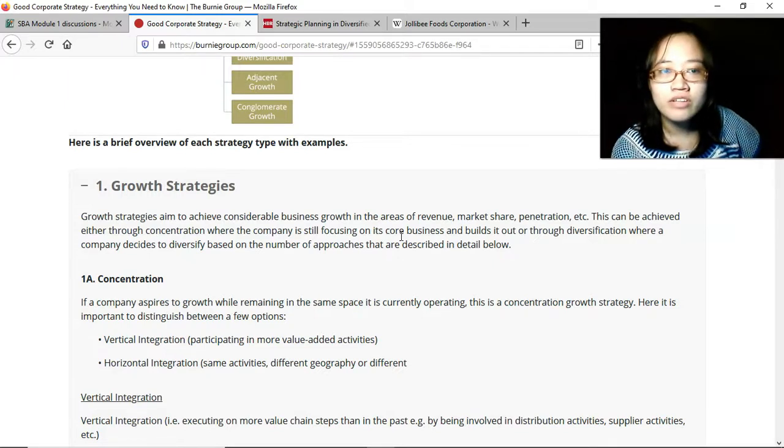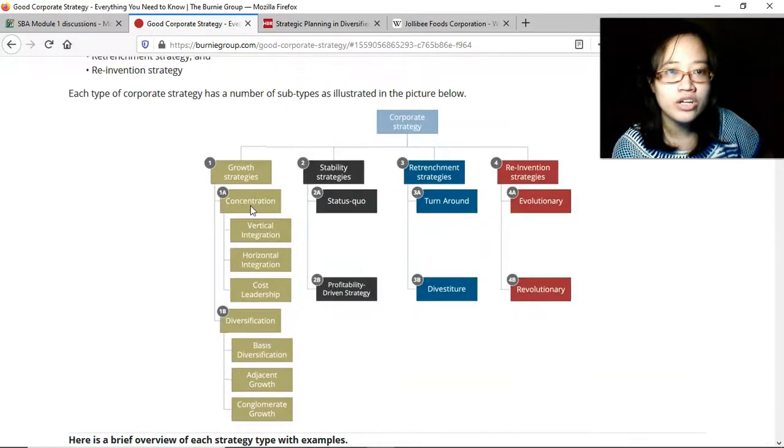These can be achieved either through concentration, where the company is still focusing on its core business and builds it out, or through diversification, where a company decides to diversify based on a number of approaches that are described in detail below. Okay, so here you have your concentration, meaning they are focusing on what they currently have and then trying to improve that one way or another.